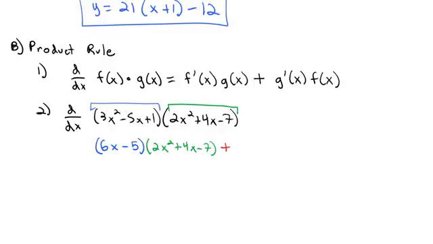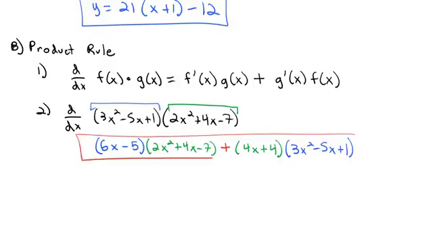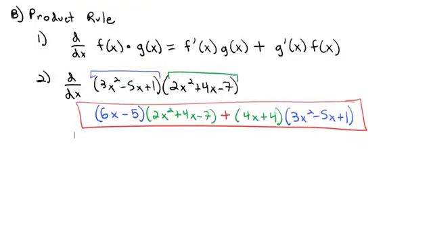Plus, then we take the derivative of the second part. The derivative of the second part is 4x plus 4 times the second part, 3x squared minus 5x plus 1. And this, then, as ugly as it looks, is the correct answer for the derivative of that product. So the derivative of the first times the second plus the derivative of the second times the first.